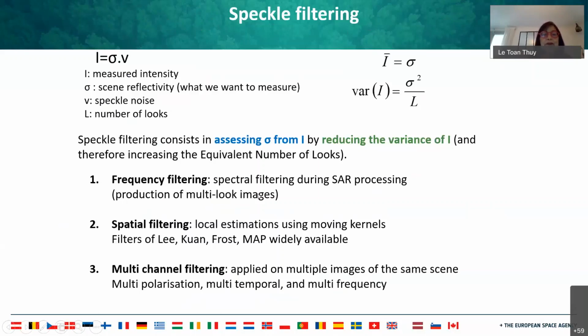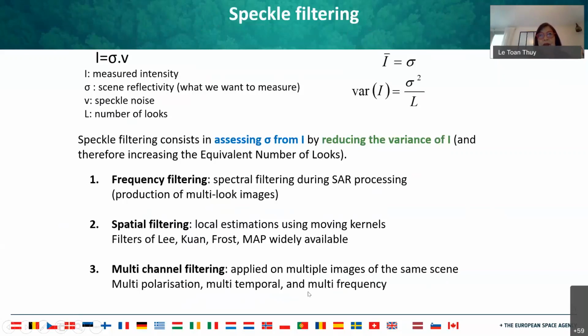Spatial filtering is local estimation using a moving kernel or window. You have all the filters available on SAR Pro, the tool that you will use this week. There's multi-channel filtering applied on multiple images of the same scene. You can apply multi-polarization, multi-temporal, or multi-frequency.